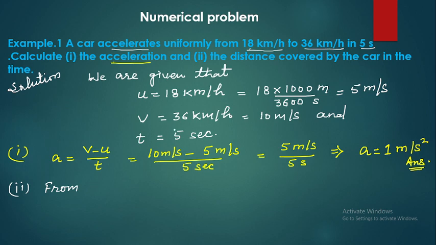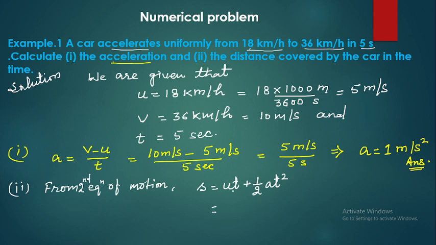For the second part, the distance covered by the car, from which equation of motion? The second. So we know S is equal to ut plus half at square.